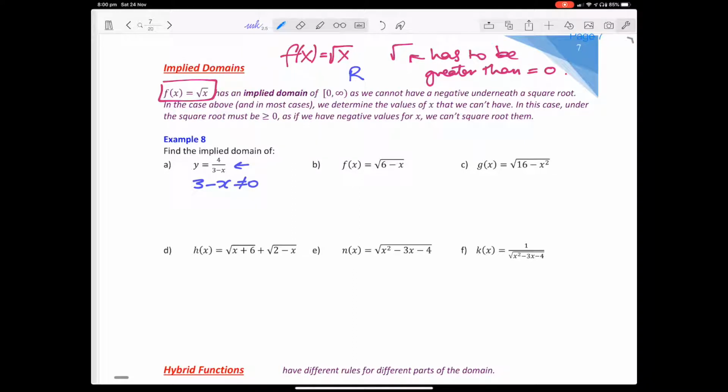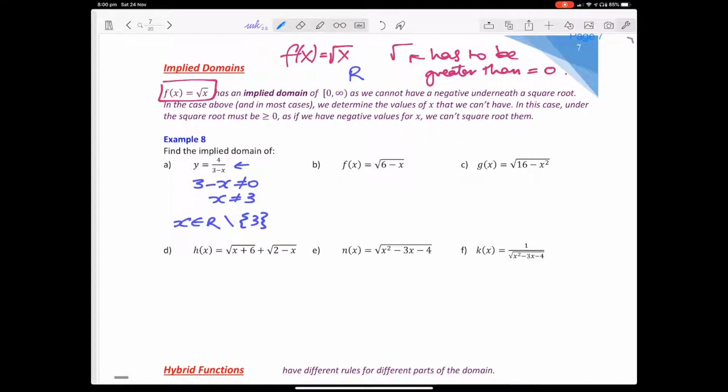So in this case, if we bring our 3 to the other side, x can't equal 3. So x can equal any value except for 3. The way that we would write the domain of this, we would say x is an element of R with the exception of the number 3. And that's because it's an asymptote. So there's our implied domain for that function.